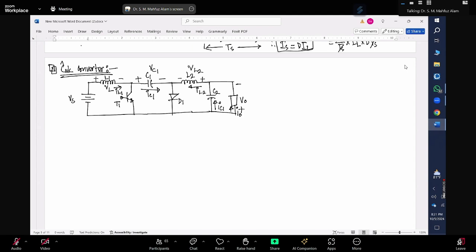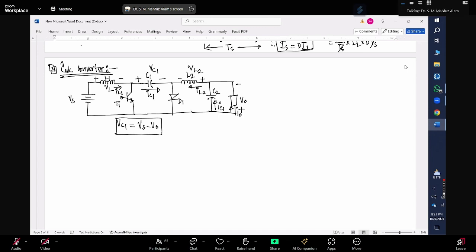So basically in steady state, the average voltage across the capacitor, VC1, should be equal to Vs minus V0. Can anybody say why is that? Because in the previous case, we said the average voltage across the inductor should be equal to 0, right?